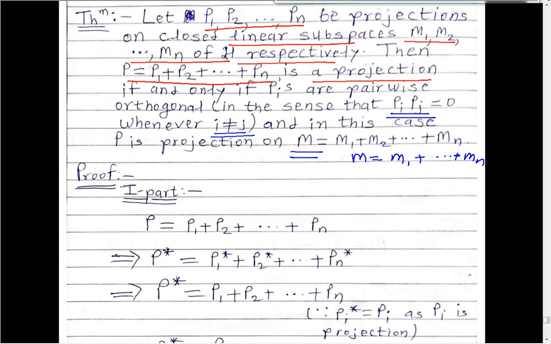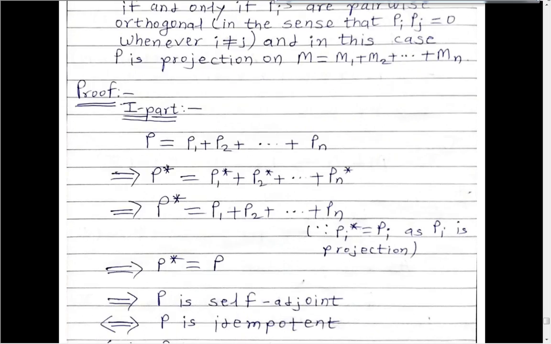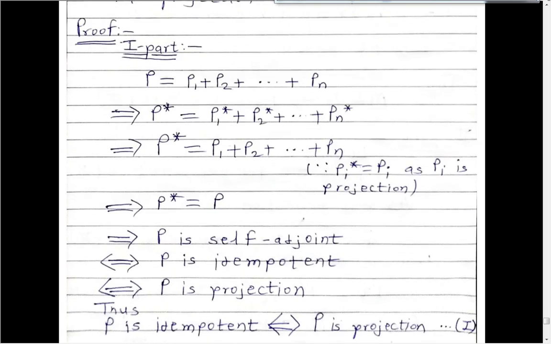This is a lengthy proof, and we are going to divide the proof into smaller parts for better understanding. So in the first part of the proof, let us prove the result that P is idempotent if and only if P is projection.